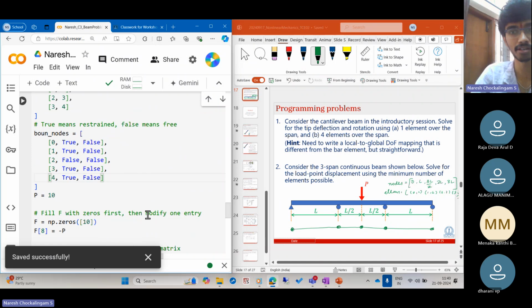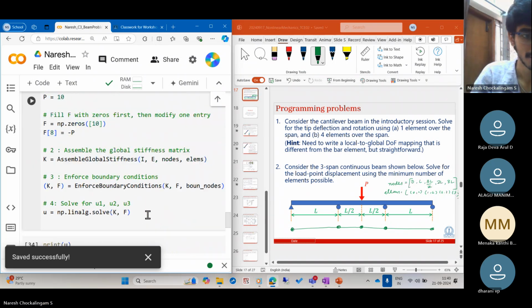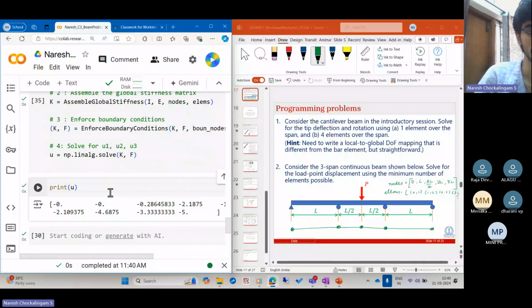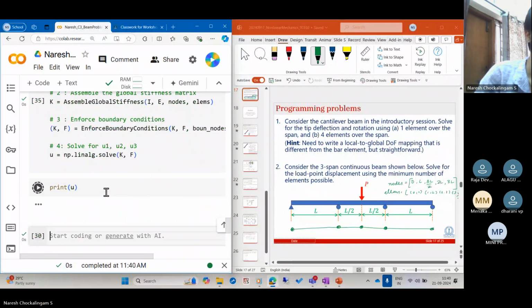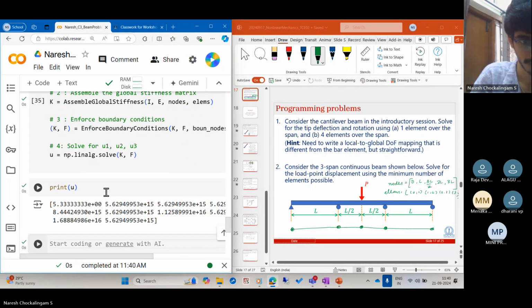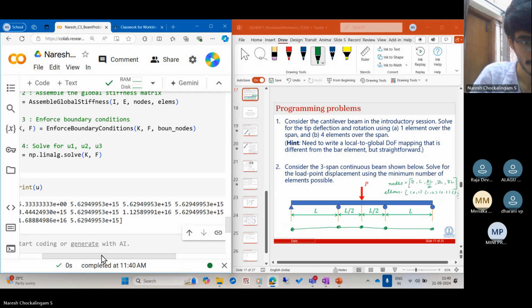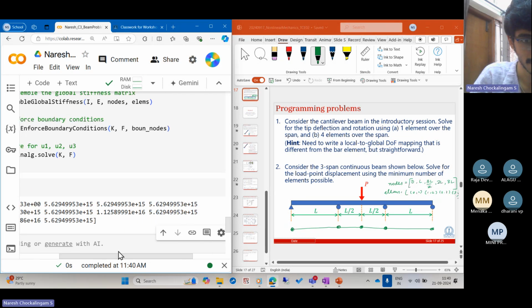So P you can still take as 10. And as you can see, this is statically indeterminate to the second degree. It's not easy to solve by hand, but here you can get the solution in one step. So you print. Okay, we get junk basically.